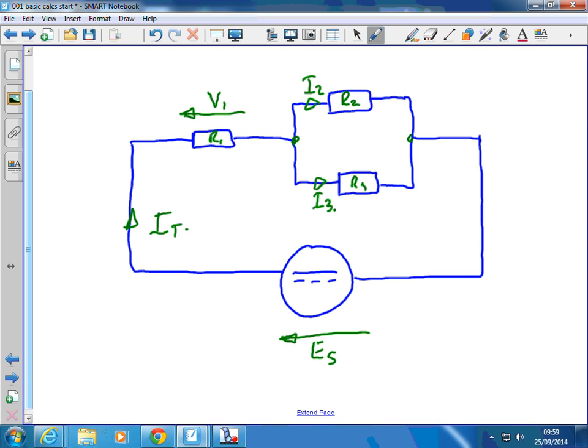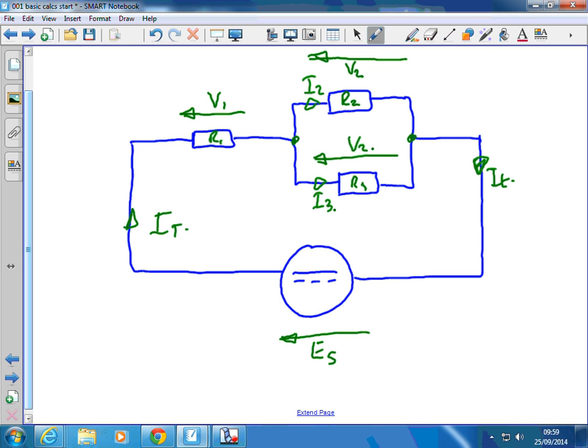And then the whole lot of current joins up again and becomes IT the other side. These voltage arrows, remember, have to oppose the current flowing through the component. So we get a voltage arrow here, V2, and that's actually the same V2 across there.